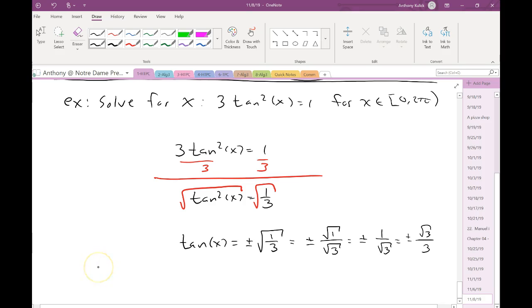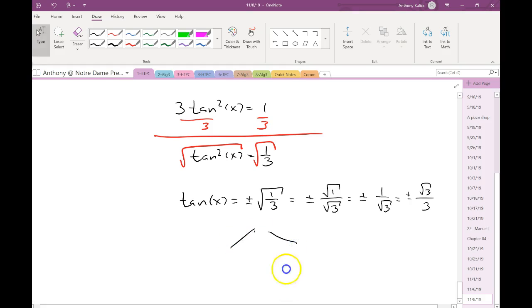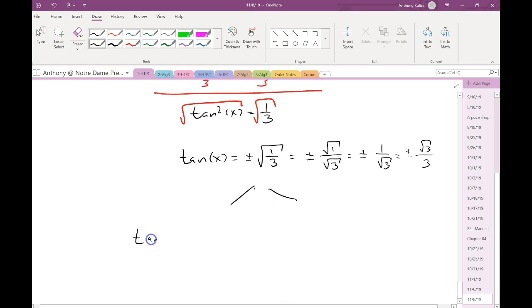So now I'm going to use the unit circle. Well, actually, let's say something first. So this now I'm going to split into 2 pieces. Tan of x is equal to positive root 3 over 3. And then tan x is equal to negative root 3 over 3.